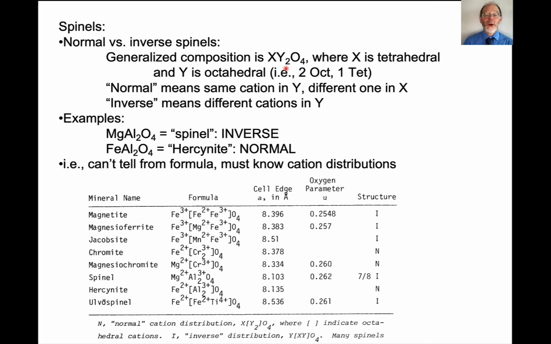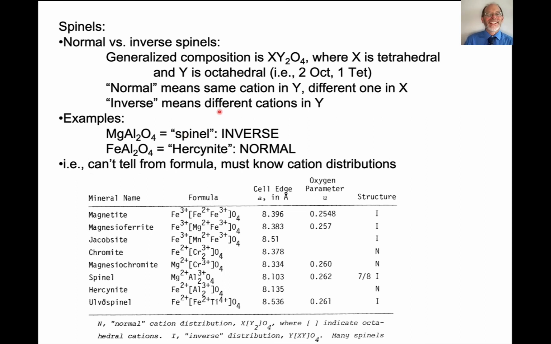We talk about normal spinels and inverse spinels. Normal spinels means that the same cation is present in the octahedral site, and there's a different one in the tetrahedral site. And inverse spinels mean that there are different cations in this Y site. So the classic example is that spinel is actually an inverse spinel. What does that mean?